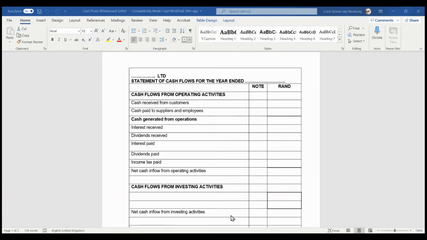Then lastly, the last one in that other operating activities section, ladies and gentlemen, the fifth and final possibility, income tax paid. Right, so if you can type for me in the chat there, to which expense is that closely related? Income tax expense, there we go. Thank you all.